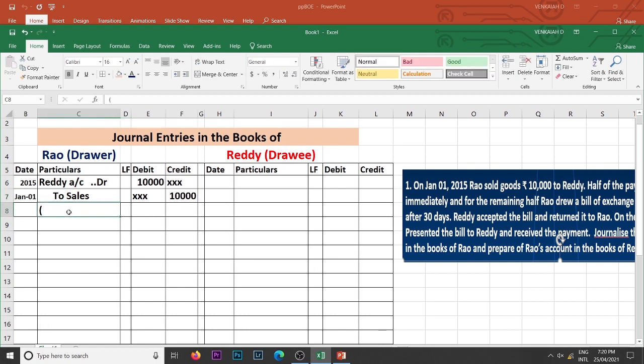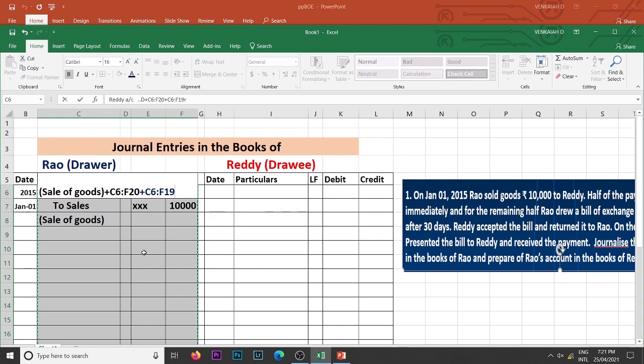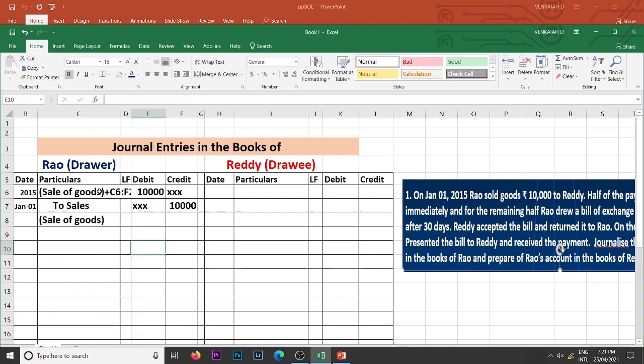Sale of goods. These are like first year journal entries. This Rao is in color blue.